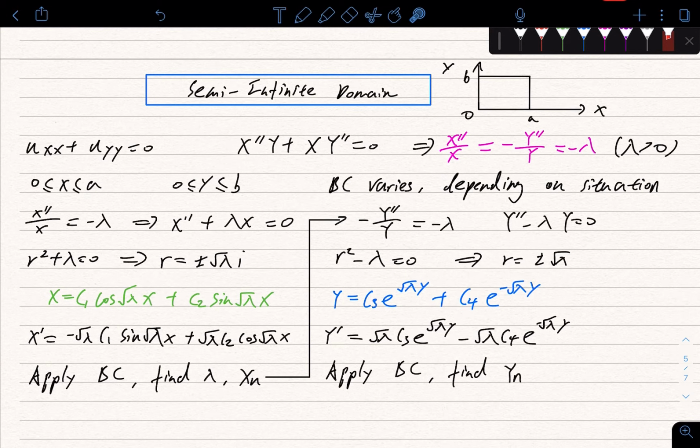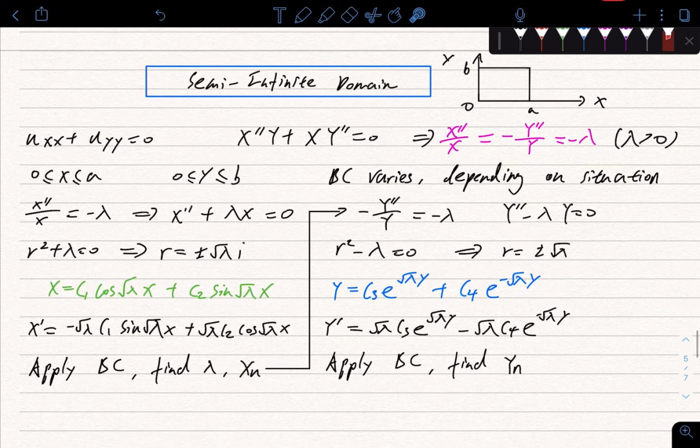That means as the length of the plane approaches infinity, the temperature has to equal 0. If we have this exponential growth term exist, we won't be able to meet that requirement, which is temperature equals 0 as we approach infinity.